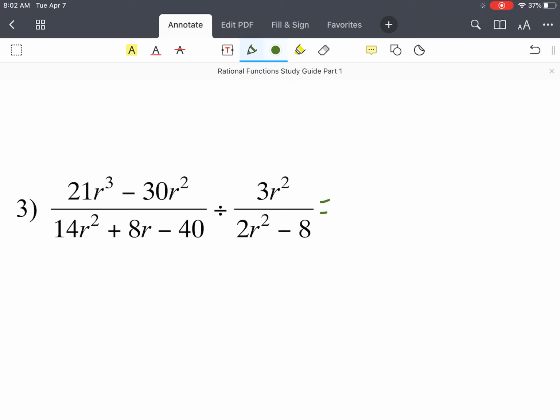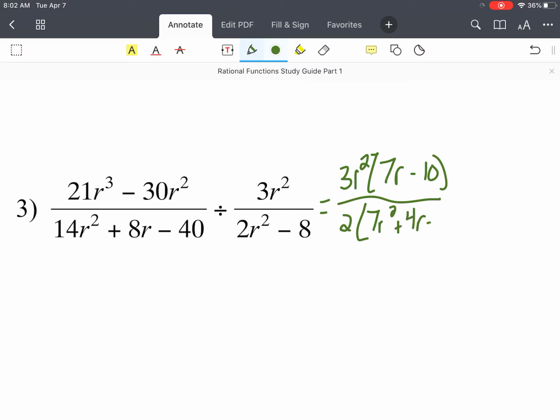3 goes into both 30 and 21. Okay, 3r squared times 7r minus 10 over... Okay, so first of all, what can we do here? We can factor out how much? 2.